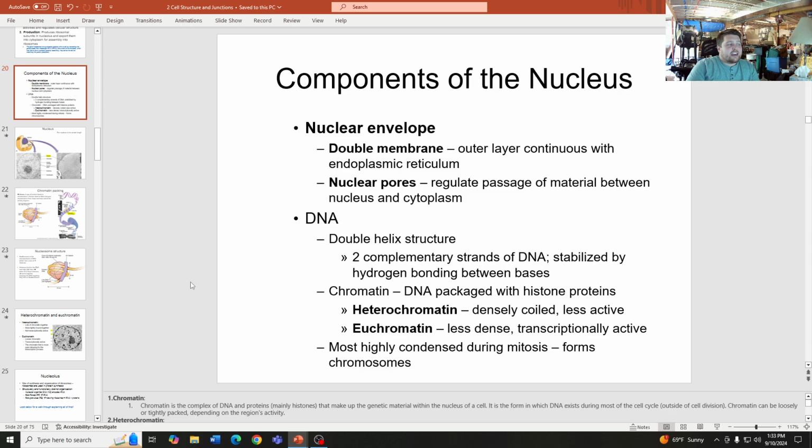And finally, if the whole chunk of DNA is packed really tightly into its super condensed form, and we can clearly see it, we call those chromosomes, which you've probably heard before. We'll get into more about what chromosomes look like in the week 3, lecture 3 material.